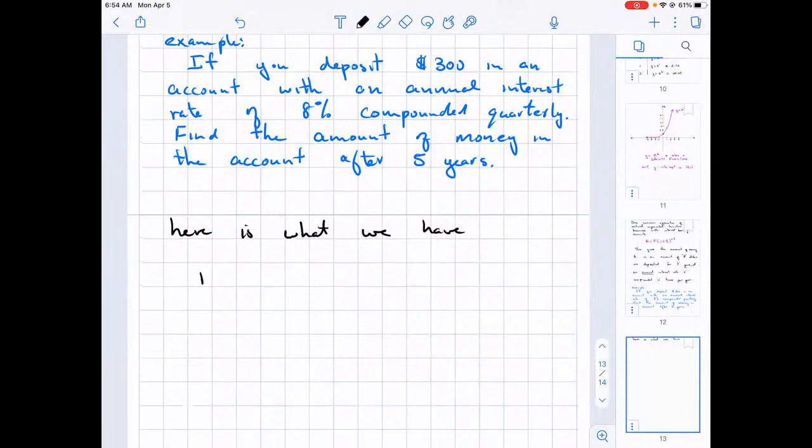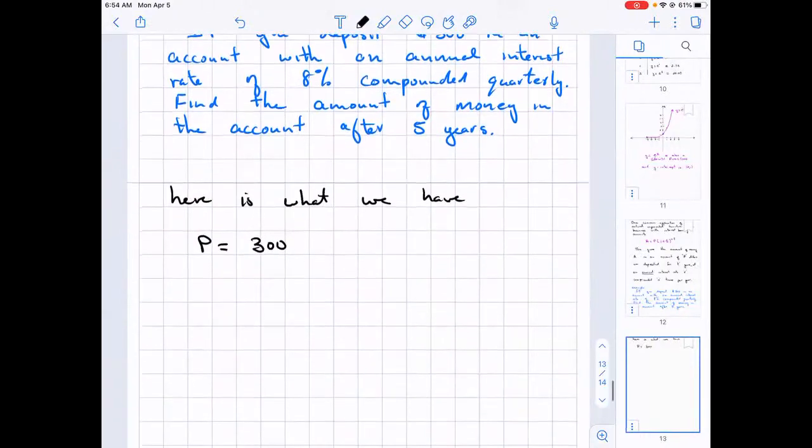So P is equal to 300. The annual interest rate is 8%.